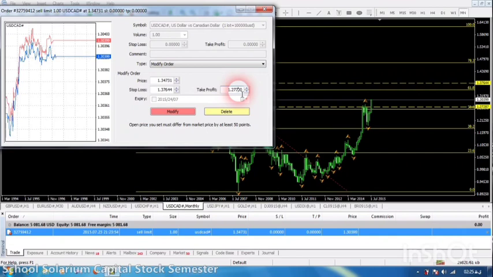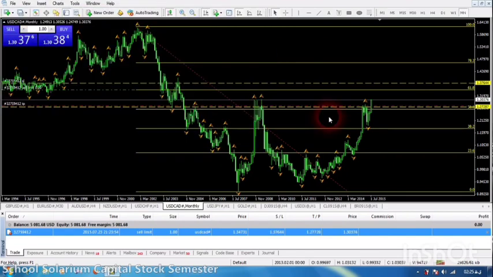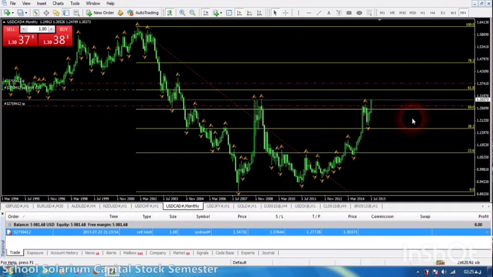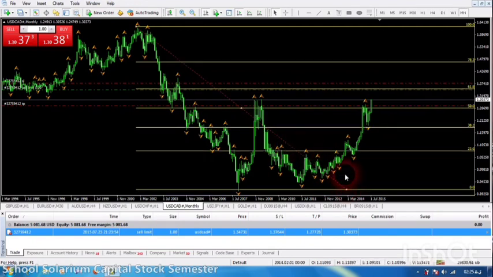So it's 1.27728. I'm going to adjust it so you can see. Okay, so that was our sell limit. If the price reaches this, a sell order will be opened here, and if it goes down, I'm going to gain profits, and if it goes up, I'm going to lose, and my order will be closed based on my stop loss.